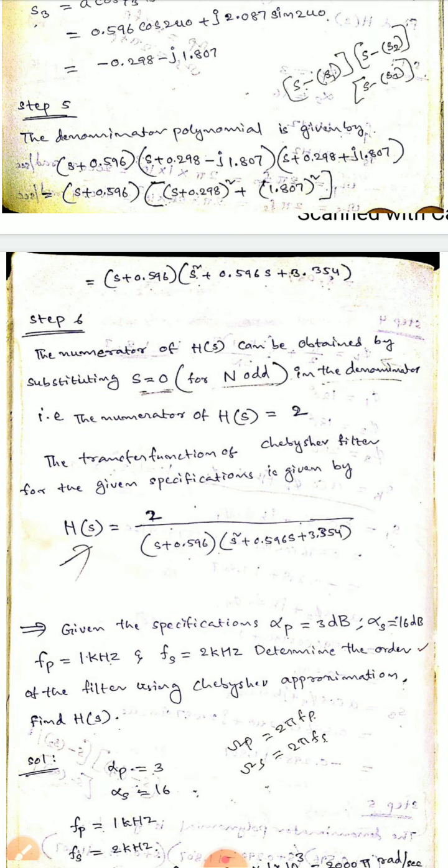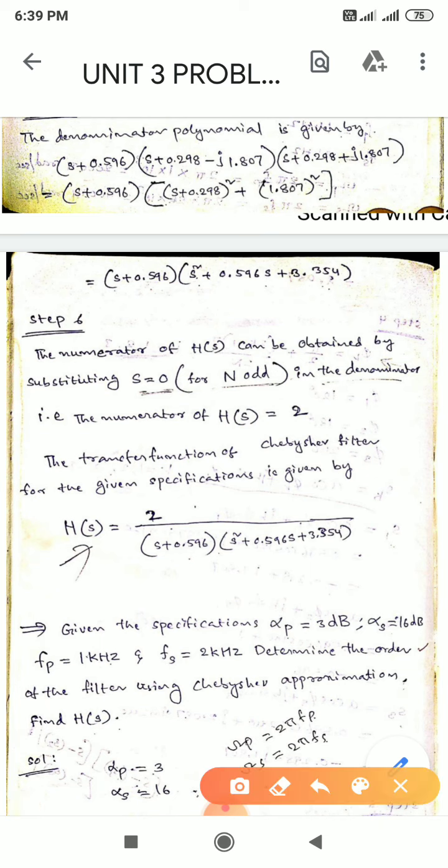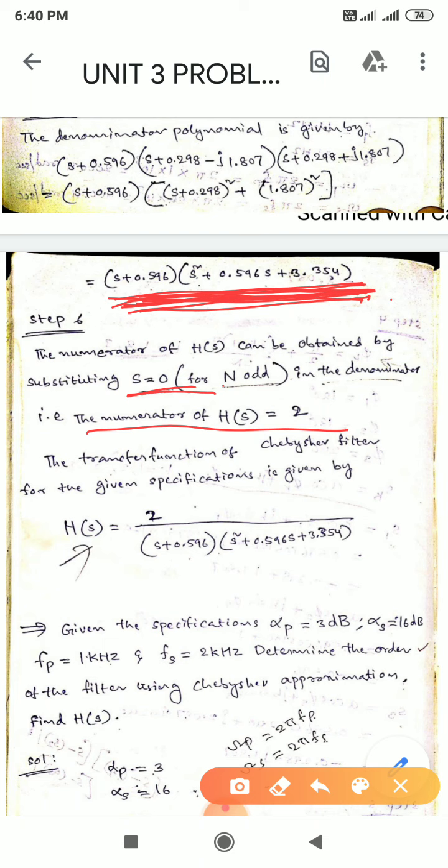For odd values of N, the numerator polynomial of H(s) can be obtained by substituting s equal to 0 in the denominator polynomial of H(s). That resultant value gives the numerator of H(s), which is equal to 2, for capital N odd.